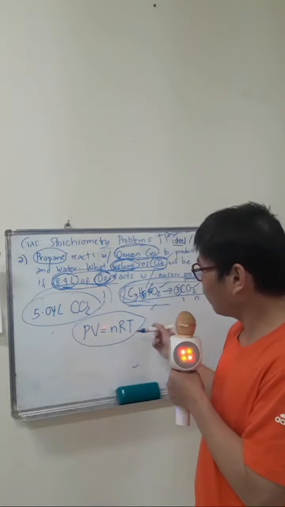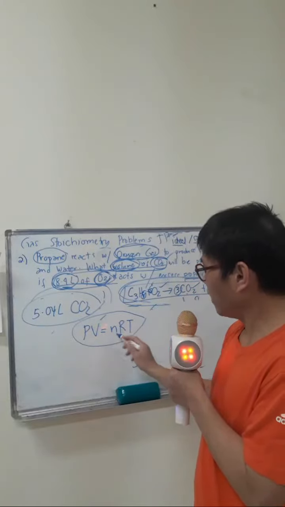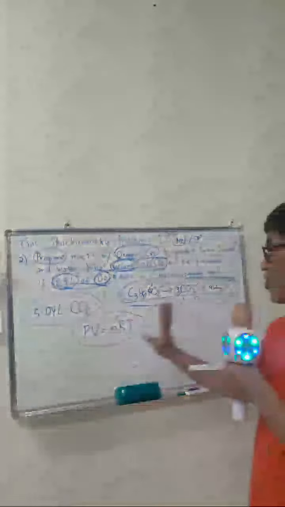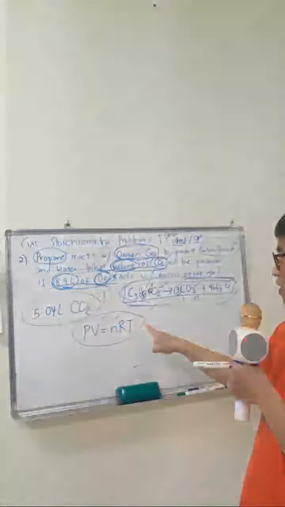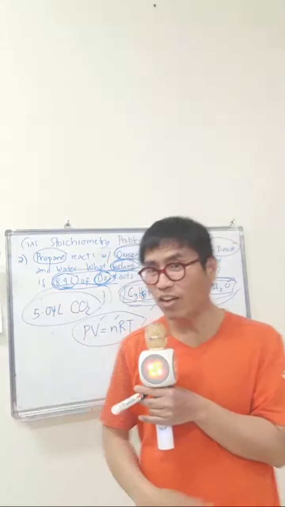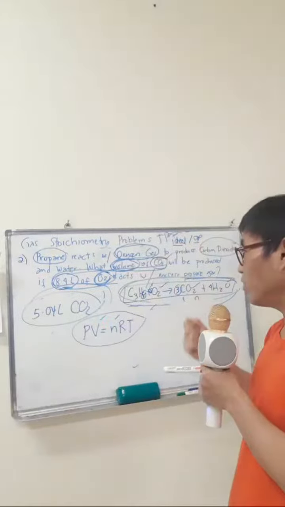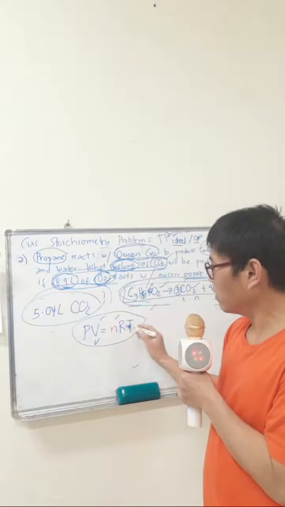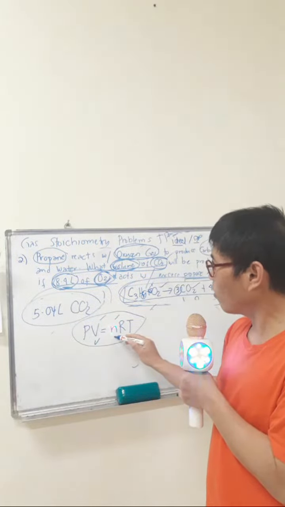You are looking for the volume, and n is the number of moles. Pressure is standard, temperature is standard, and of course R is also standard, the universal gas constant. So what we include in the relationship is the volume and the number of moles. You get the point?